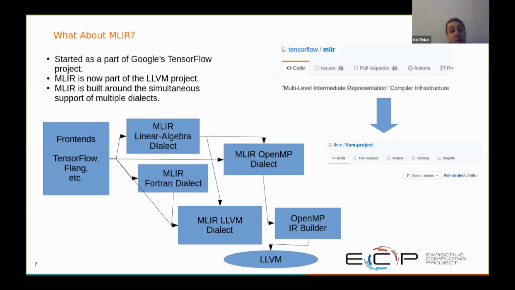These are all being lowered eventually to the LLVM dialect, and the MLIR OpenMP dialect will lower to LLVM through the OpenMP IR builder, which is a common piece of infrastructure that will allow Flang, MLIR, Clang and other users to share the OpenMP lowering logic.